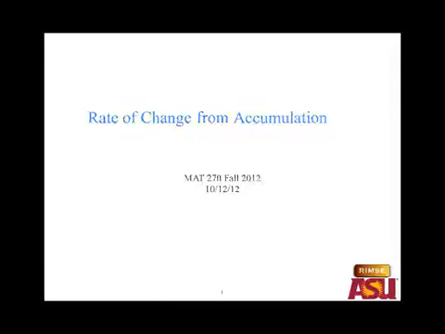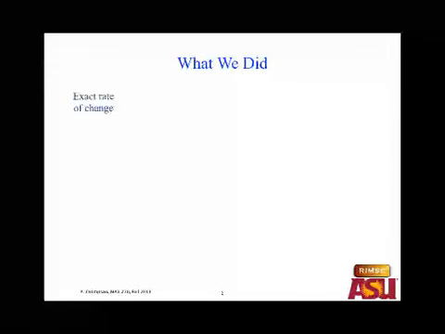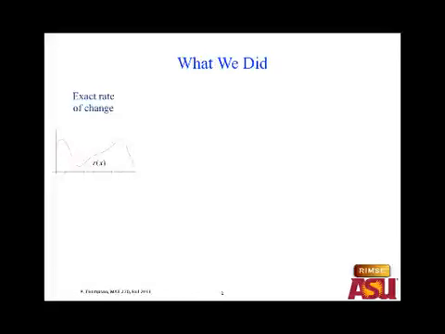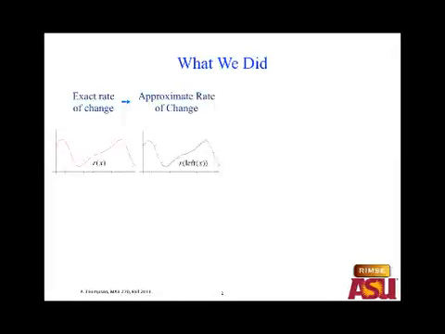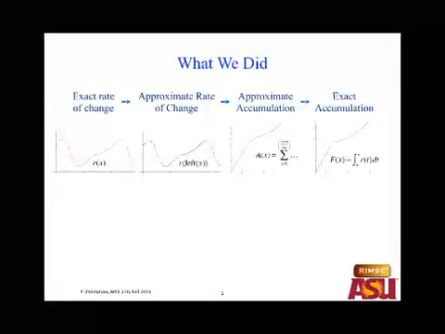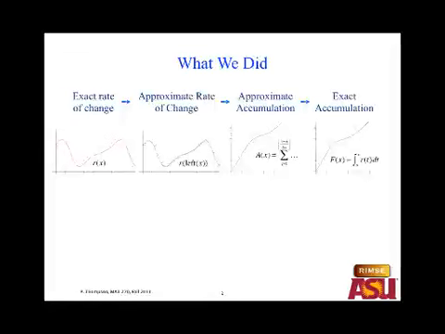Let's just kind of overview. What did we do? We started with exact rate of change, and we went to a step function, approximate rate of change. From there, approximate accumulation. Exactly. So we did all this.